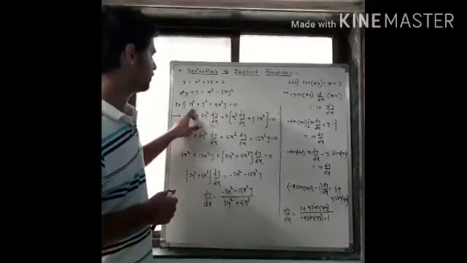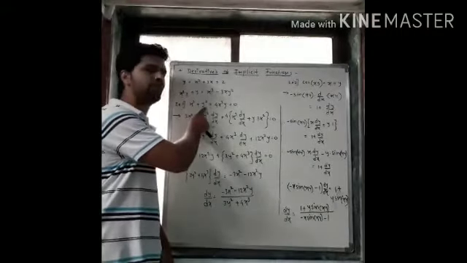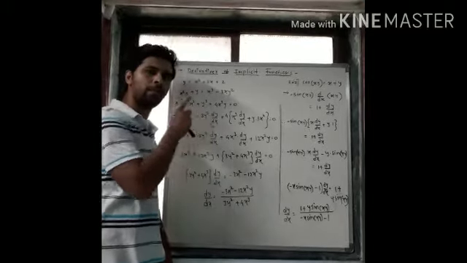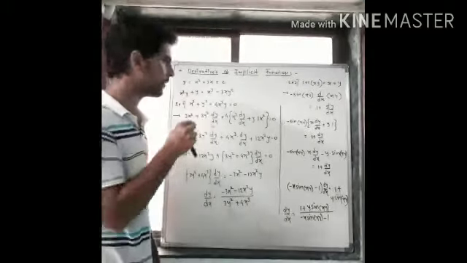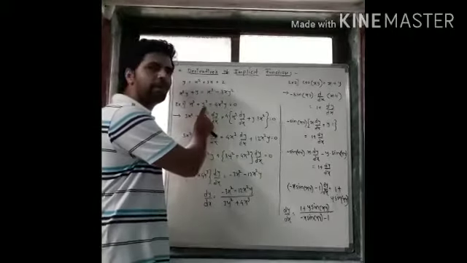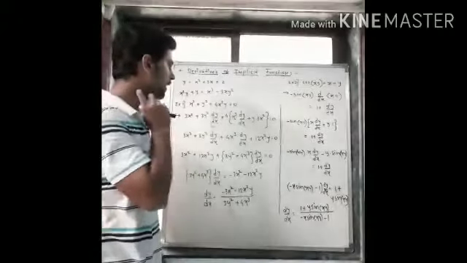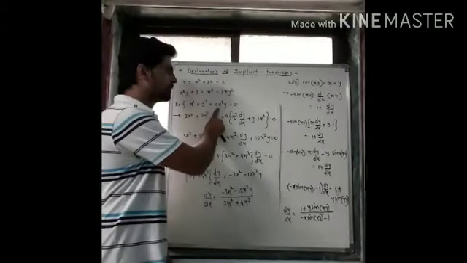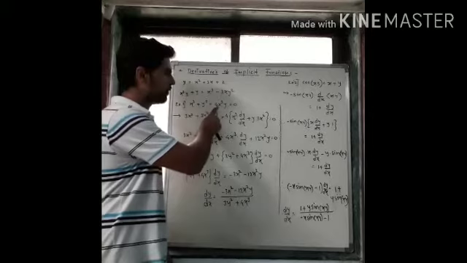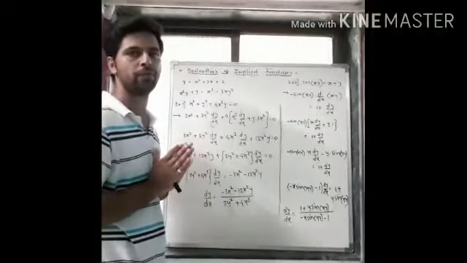So derivative of x cube is 3x square, derivative of y cube will be 3y square. But don't forget we have to differentiate all the terms with respect to x. So we have to take a separate derivative of y also, which is dy by dx, right? Now the last term, that is 4x cube y. Here 4 is a constant, so we'll keep that 4 as it is because we will not differentiate 4.